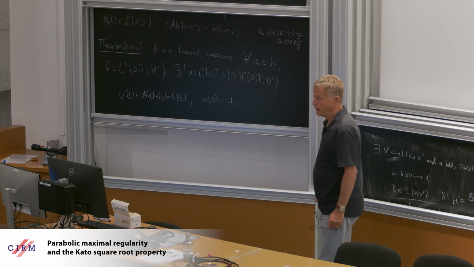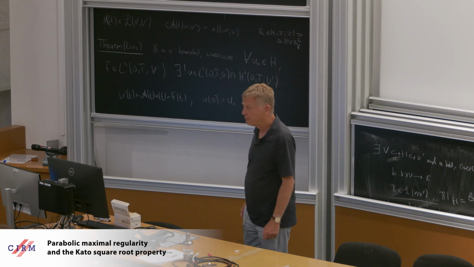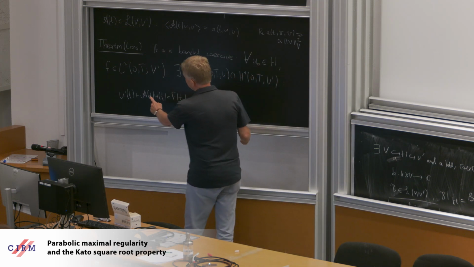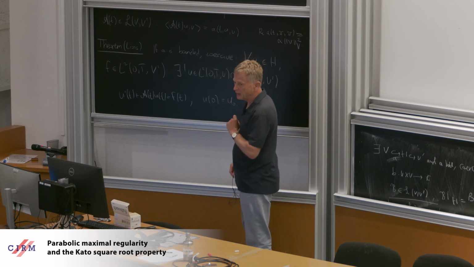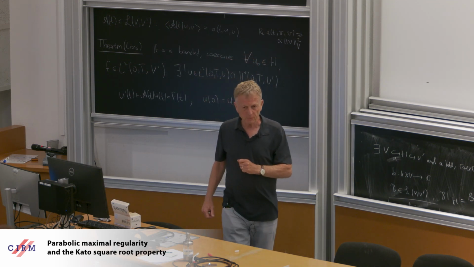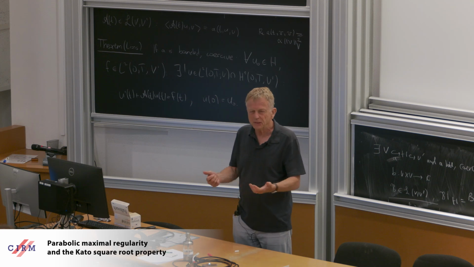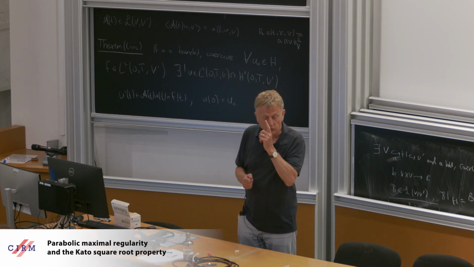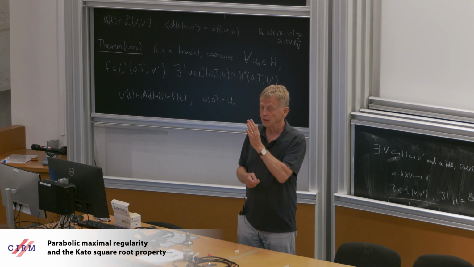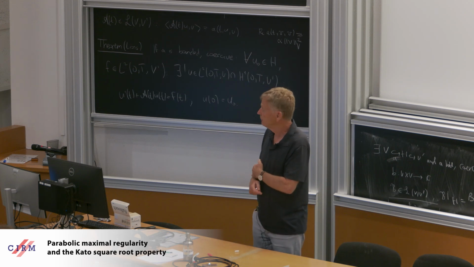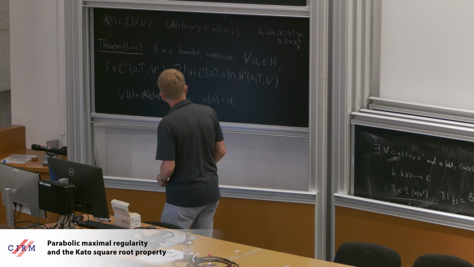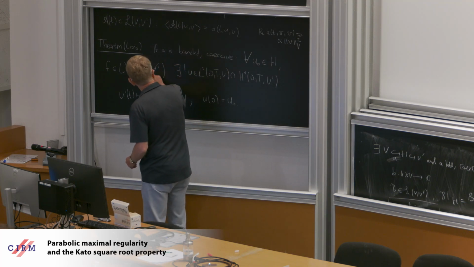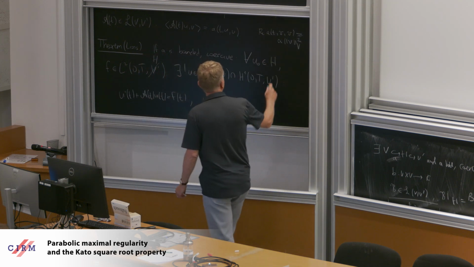But as Manuel explained, this operator, curly A, goes from V to V prime. And in our example, we don't really see what this operator does. The right operator is the part of the operator in H. So there's Lions' problem.